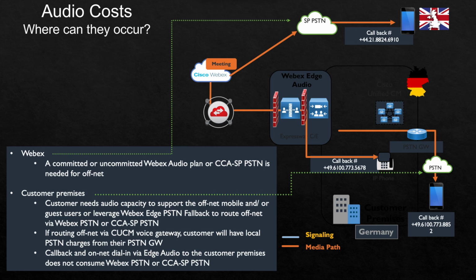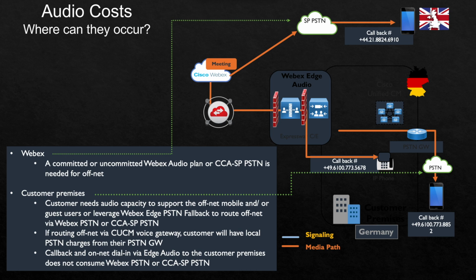If you're routing off-net via CUCM voice gateway, customers will have local PSTN charges from their PSTN gateway. So that's assuming you have someone on a mobile phone or you choose to be routed across the gateway services, or maybe your expressways are down and so calls have to be rerouted. Whatever it is, if you're going across the PSTN, that's where you're going to incur charges.